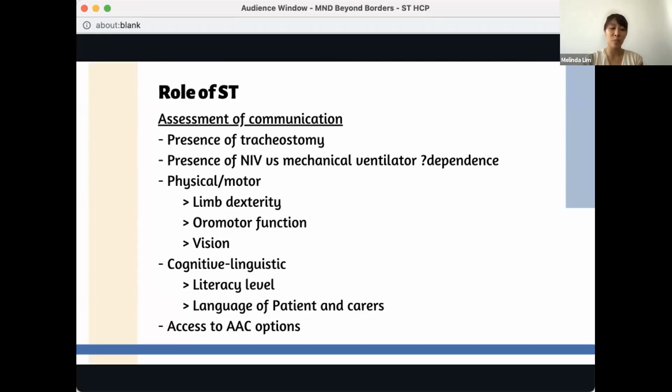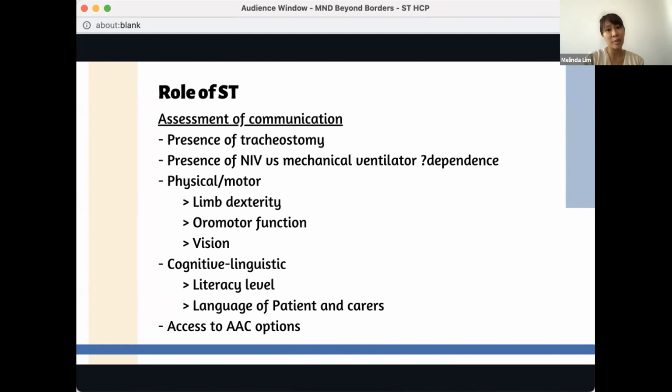Like mentioned as well, the presence of the tracheostomy is really important, especially if it has been newly inserted, and how that affects the person's ability to speak. The presence of NIV, which is non-invasive ventilation, versus having a mechanical ventilator attached to a tracheostomy is also something that we would take into consideration.